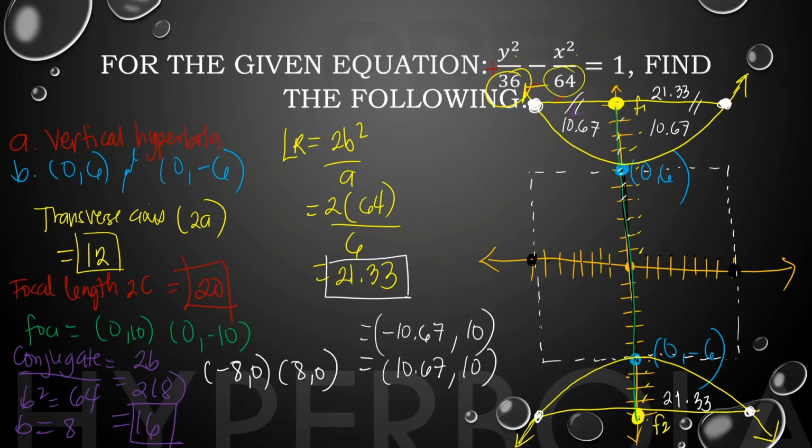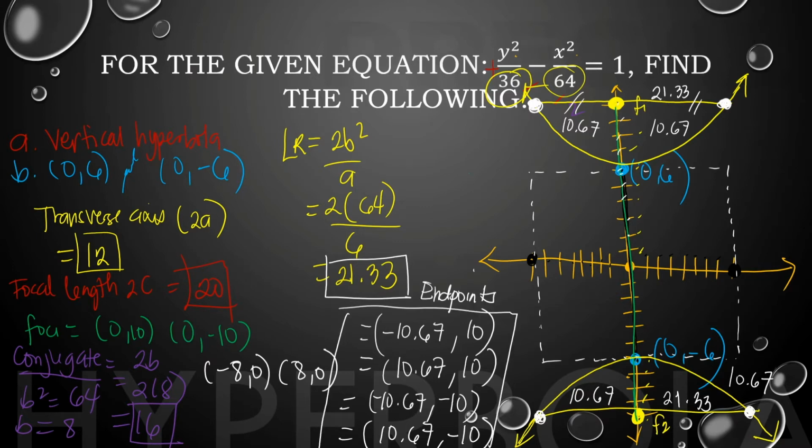And then dito naman, so 21.33 din to. So magiging 10.67 and 10.67 din siya. Magiging negative 10.67 and negative 10 sa y-axis. And also, magiging 10.67 and then negative 10 sa y-axis.